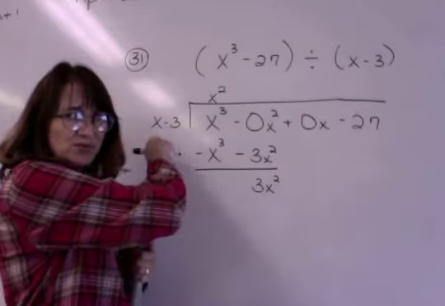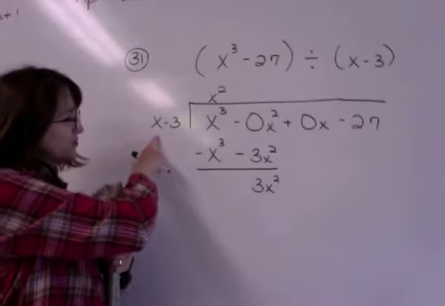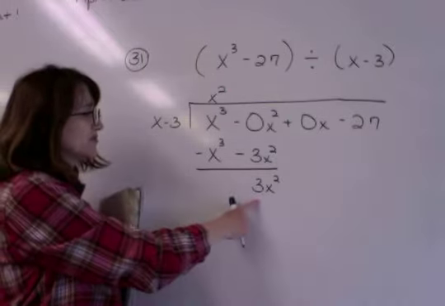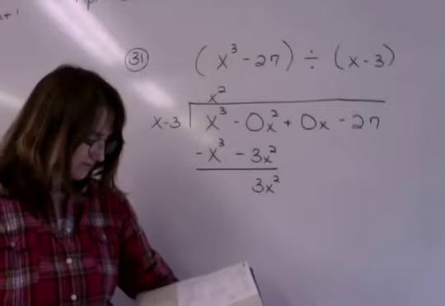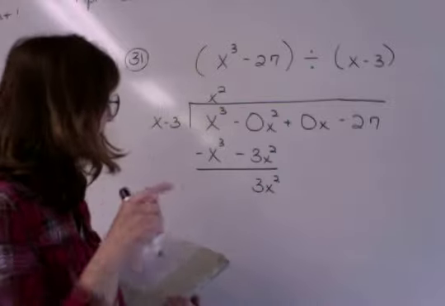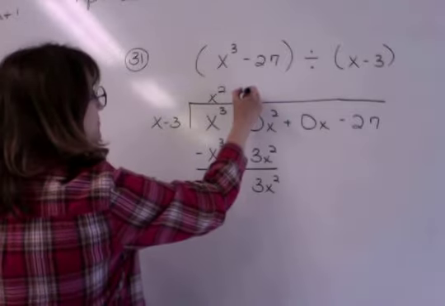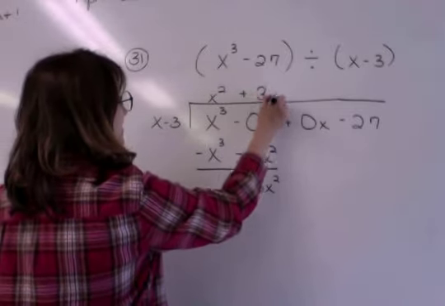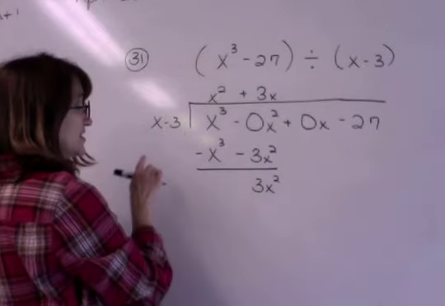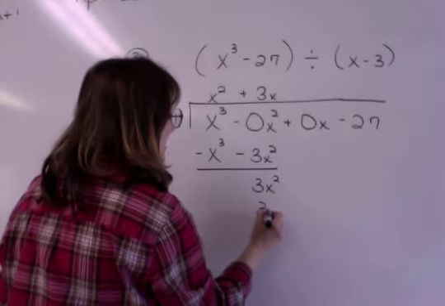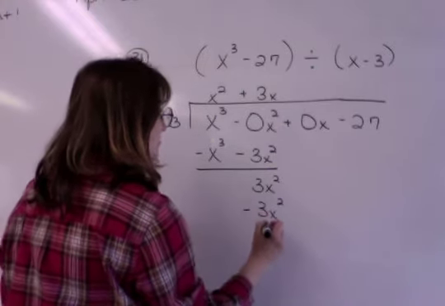What am I going to multiply to the x in order to get the positive 3x squared? Well, I'm going to have to multiply a positive 3x, because a positive 3x times the x will make a 3x squared. And of course, I'm going to subtract those.